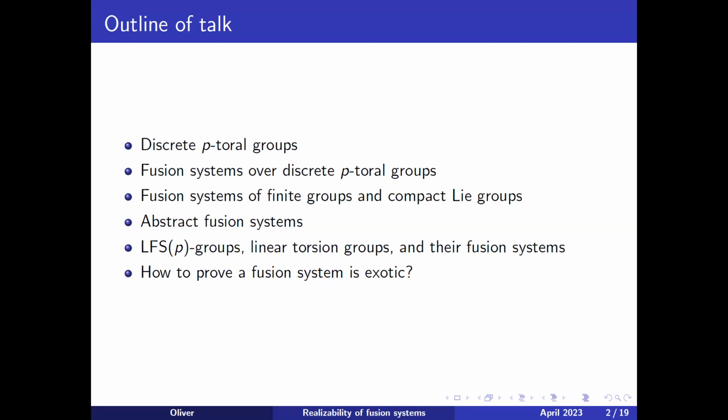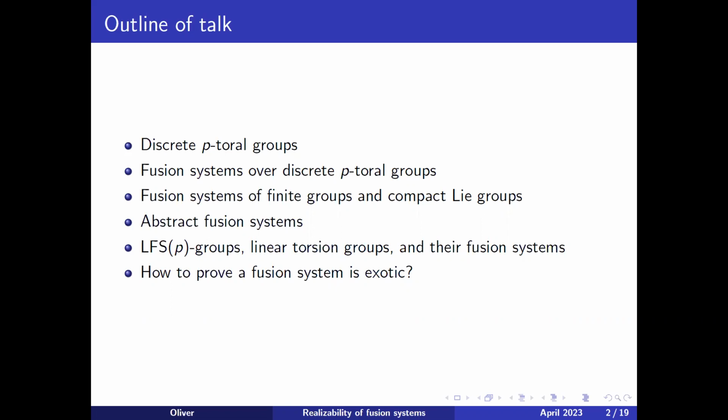Anyhow, it's going to be centered around fusion systems over discrete p-toral groups and how they're induced by finite groups and by compact Lie groups, as those are the motivating examples.